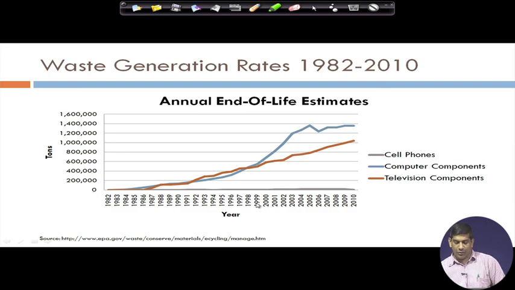Earlier it used to go back and forth between television and computer. After about 1999, 2000, the computer components basically took over the television, so computer components became much higher. And a few years down the line, you will see that cell phone components are the leading one, because lots of people are using cell phones.